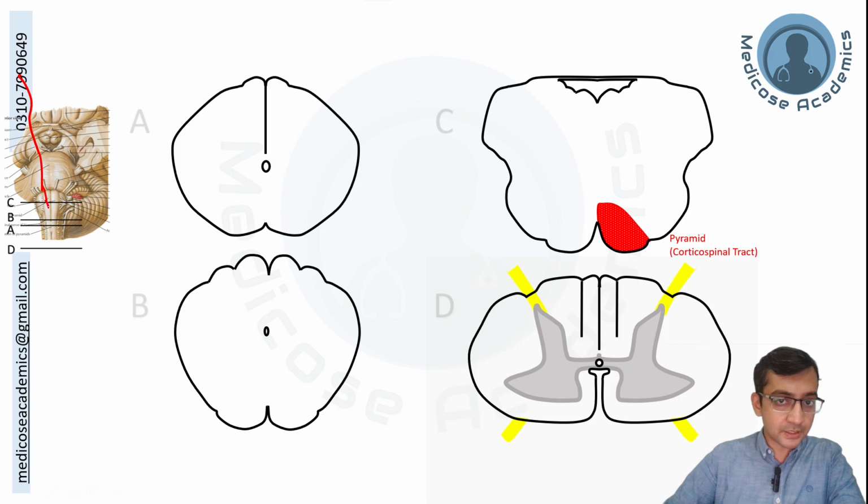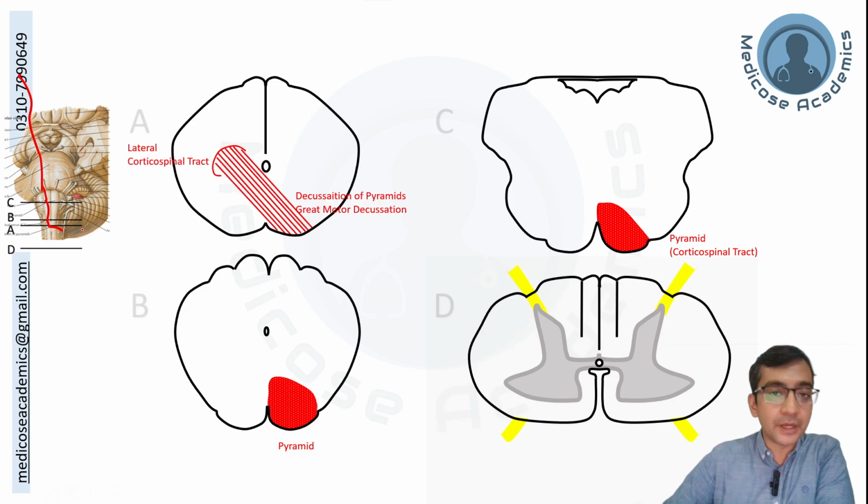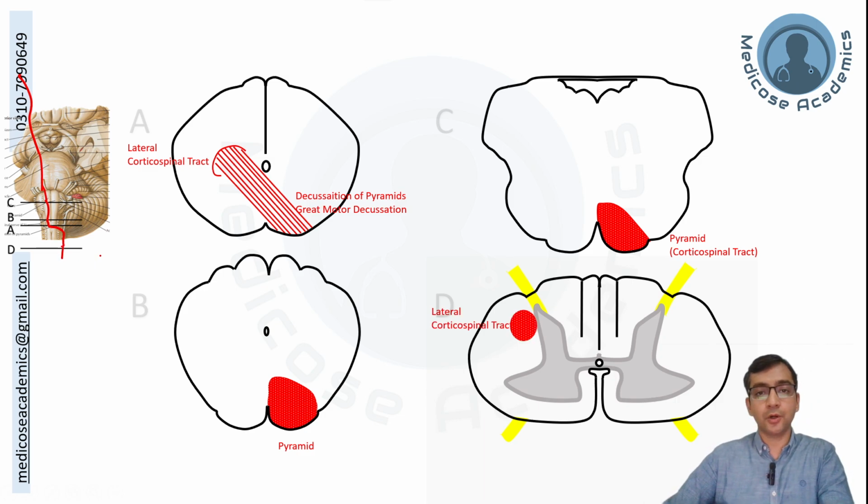As it comes down you can see it here, pyramids, and as it reaches down here, it crosses the midline. Here you can see it crossing the midline, and then it travels down as the lateral corticospinal tract that you can see in the spinal cord.